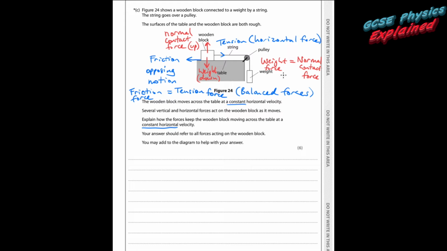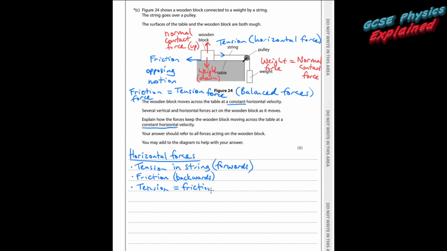Right, so that's pretty much it. I can tidy that up for you if you want. Tension in string, and that'll be forwards. Friction backwards. Tension equals friction. Balanced forces since constant horizontal velocity.